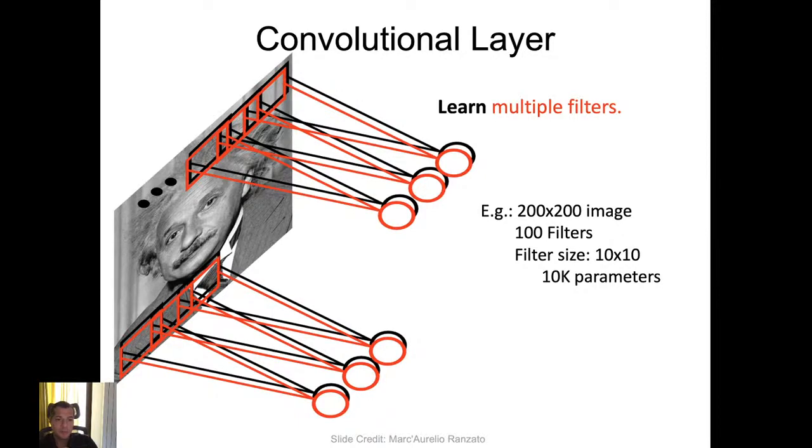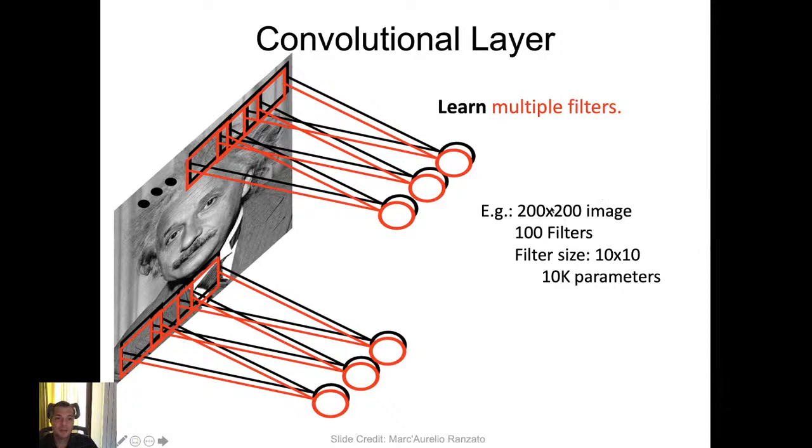For example, in this configuration, if we have 100 filters, each having a spatial support of 10 by 10, then the number of parameters that we get is around 10k. This is because we apply the same filters in every location. So the number of weights is 10 by 10, 100, and we have 100 filters, so 100 times 100 is 10k.